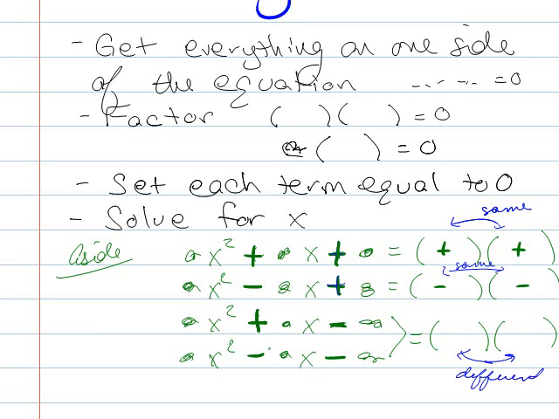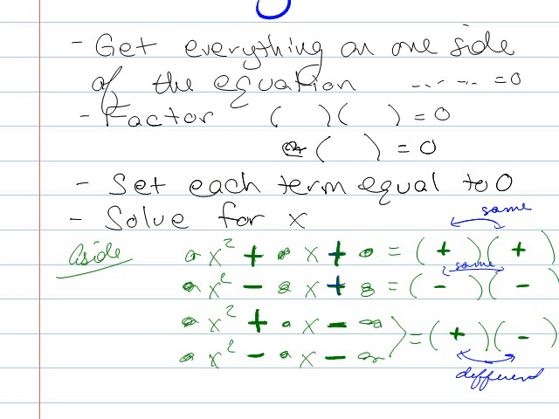It doesn't matter whether this is a plus or minus; if this is a negative, one of these is going to be a plus and one is going to be a minus, no matter what. We're going to use this strategy to do some factoring. You're not always going to do this reverse FOIL method. Sometimes you're just going to factor out a single term to simplify it, but we'll look at that when we get there.